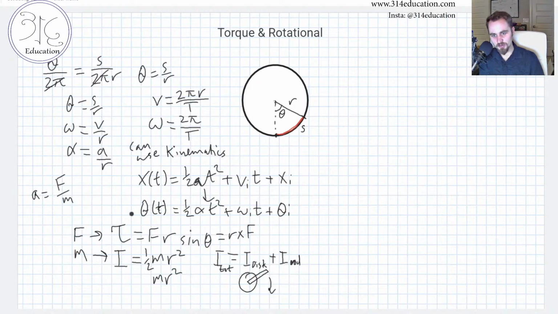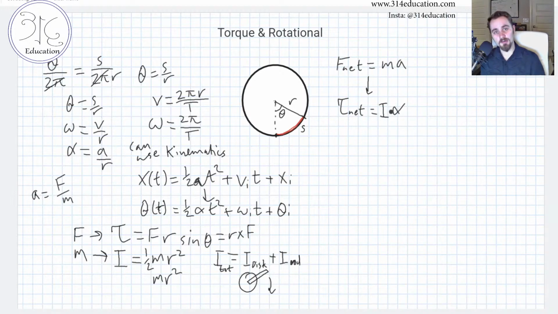So now that we've got these translations in place, we can actually reuse our old equations. Similarly to how we had F net equal to ma, which was Newton's second law, a very important equation, we can translate this to a rotational version, which would be net torque is equal to, instead of mass, we use I, instead of a, we use alpha.